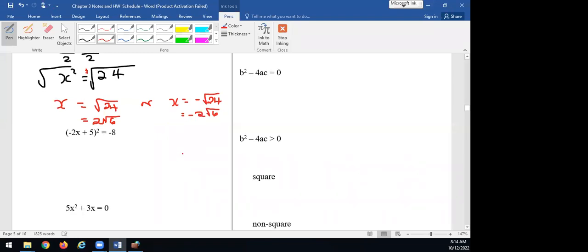All right, next example. Now, in this particular case, what do you think is the first thing we need to do to get rid of the square term? Square root, very good. So go ahead and square root both sides.